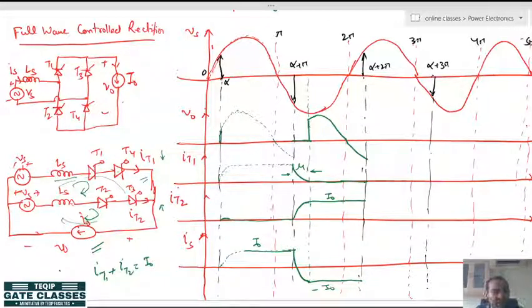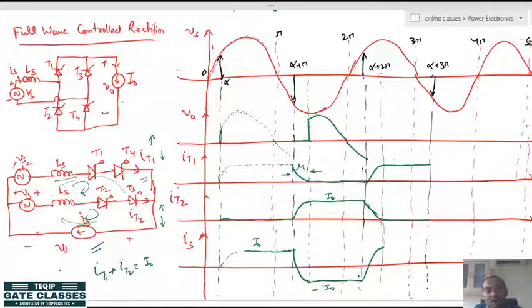Now in this case the T1 current will be rising because of forward bias and T2 current will be falling because of reverse bias. So, T1 current will be rising like this and T2 current will be falling like this, and source current will go from negative to positive like this.